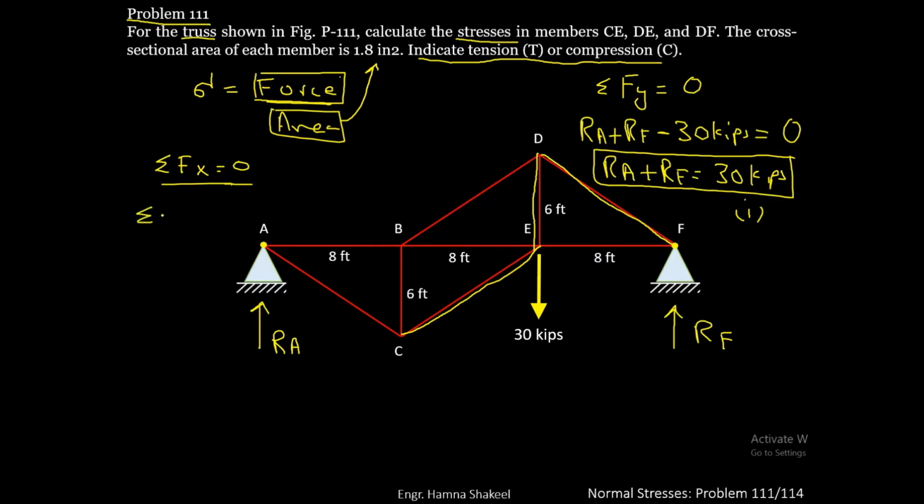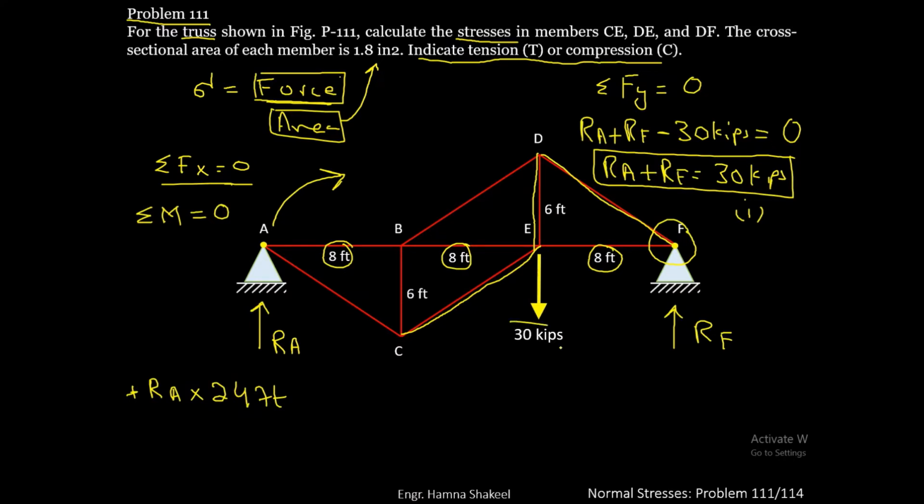The third equation is sum of moments equal to 0. Let's take moment about this support F. So it will be Ra multiplied by the distance, that is 8 plus 8 plus 8, which is 24. And this Ra is causing a clockwise moment, so we are taking it as positive.